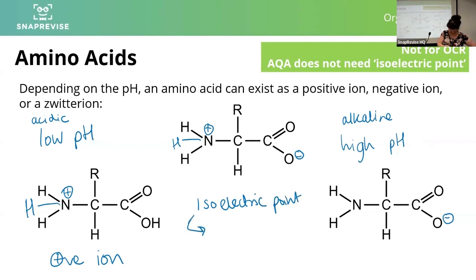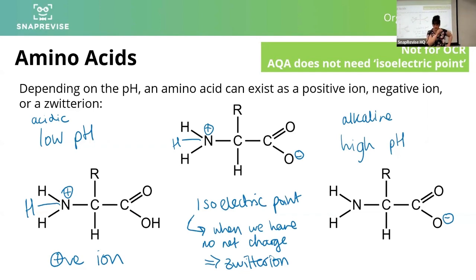This is when we have no net charge, we have created a Zwitter ion. There are two charges on the molecule, but overall there's no net charge because one cancels the other.